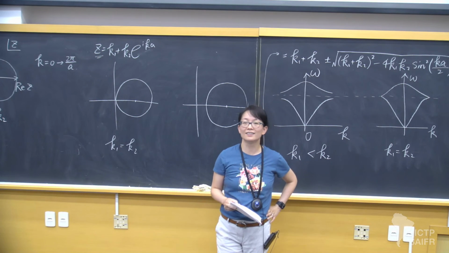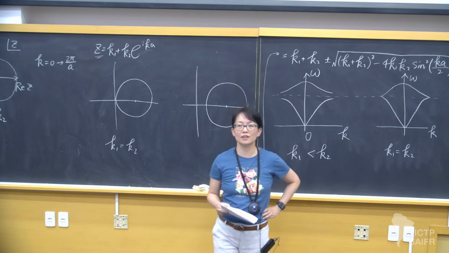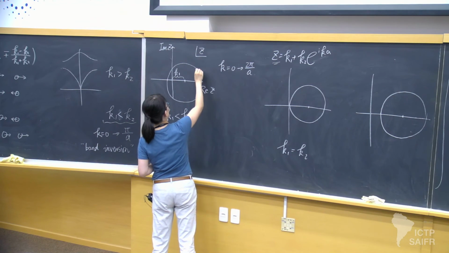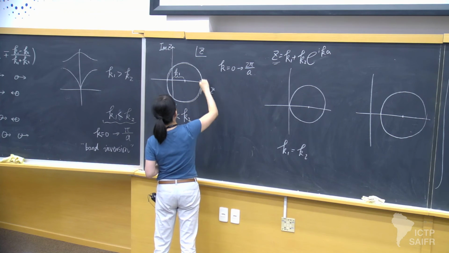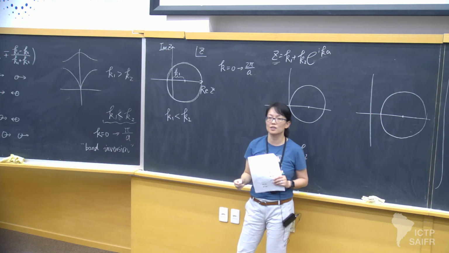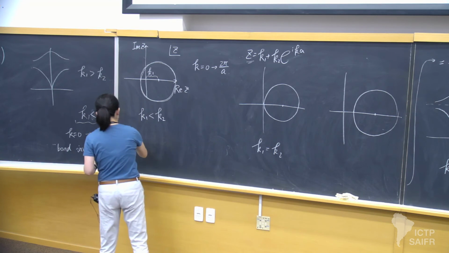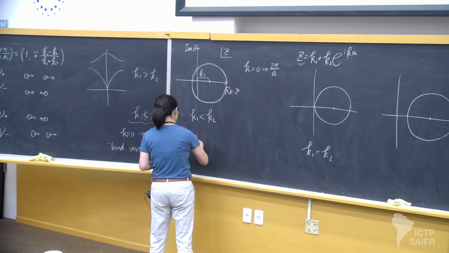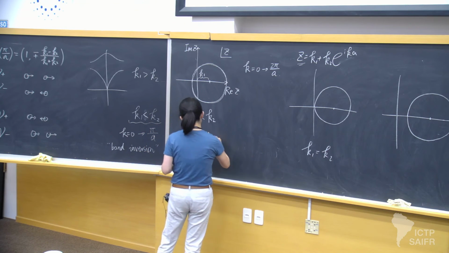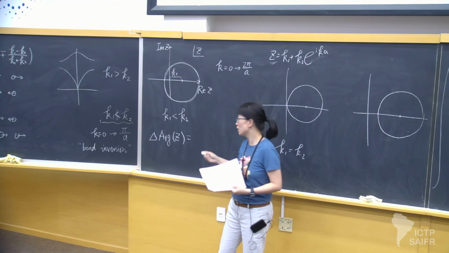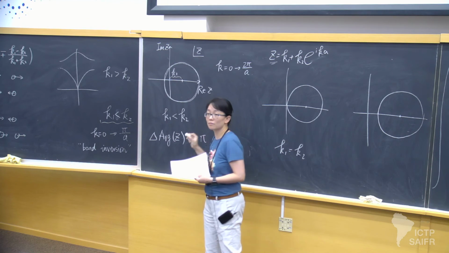The phase winding of Z, right? So for this case, as I go around the Brillouin zone, how much does the phase of Z change? Delta of phase angle of Z. It changed by 2 pi, right?